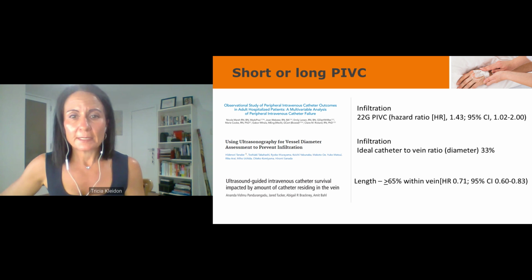So perhaps similar to the work that has been done investigating the catheter-vein ratio in PICCs, we should consider the significance of this in peripheral intravenous catheters.